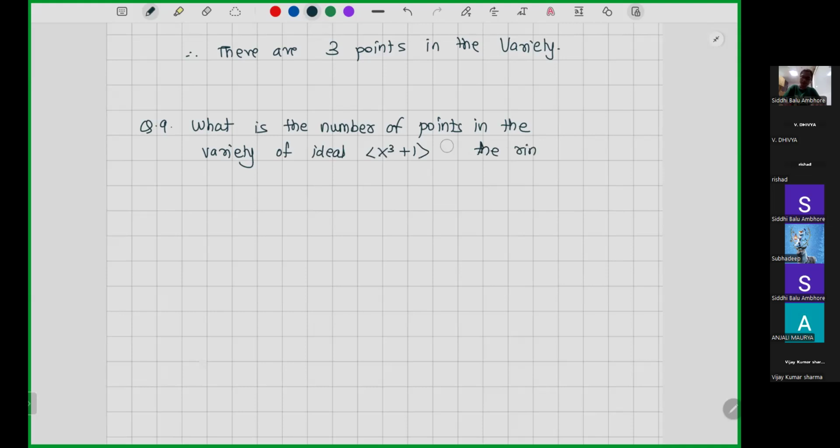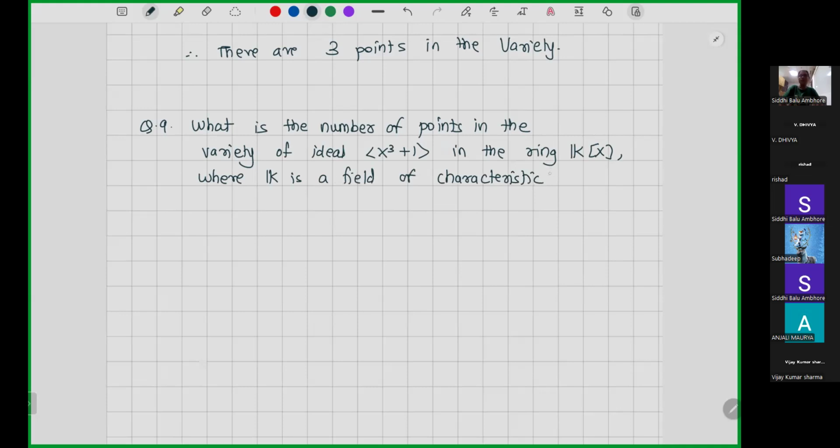In the ring K[x], so it is again in one variable, where this K is a field of characteristic 3. So that is the difference.